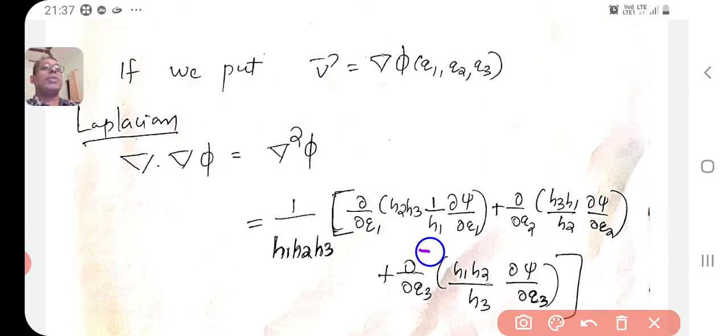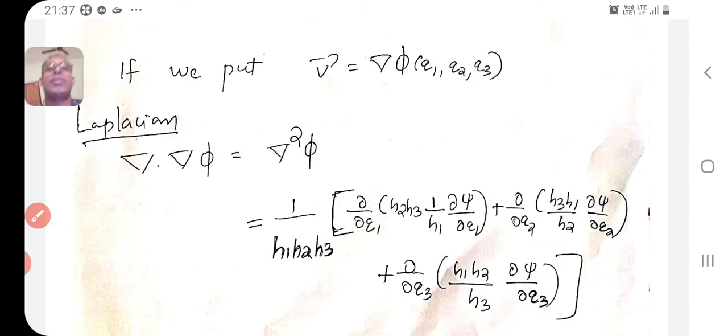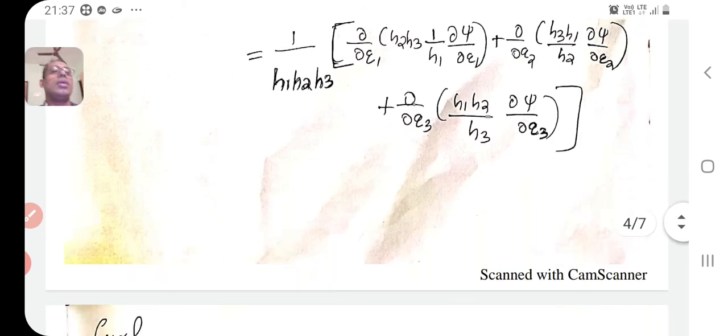Here for V1 we have taken 1 by h1 dou psi by dou q1, for V2 we take 1 by h2 dou psi by dou q2, and for V3 we take 1 by h3 dou psi by dou q3. So this is the Laplacian.